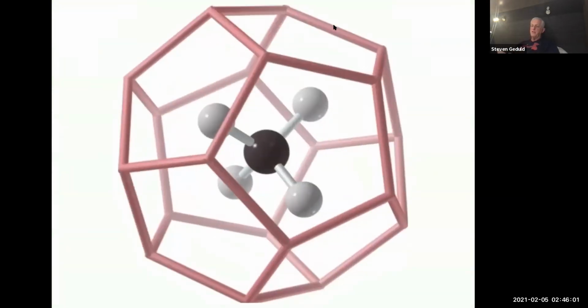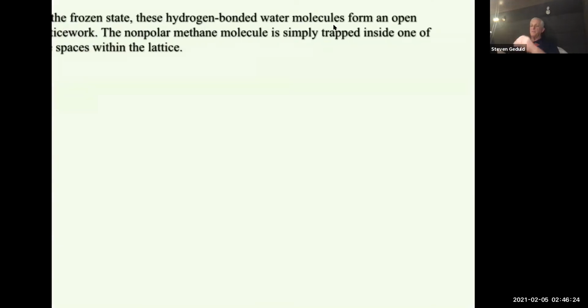You have these water molecules that hold around it, and they form a cage around methane. The black ball here is carbon. The white ones are hydrogens. So you have methane gas trapped in this water lattice work. This freezes, and it forms these huge reserves of methane fuel.